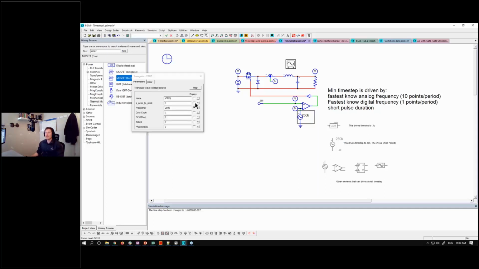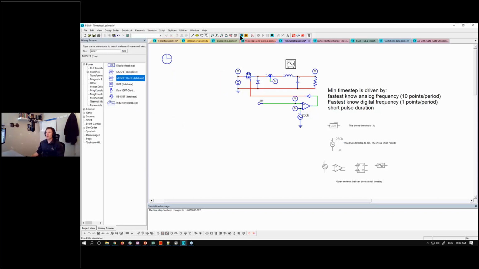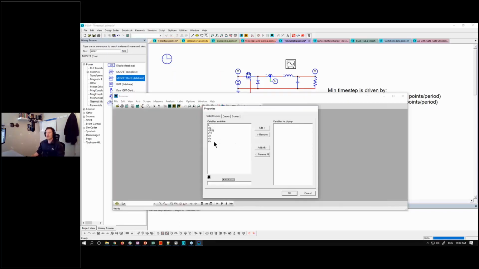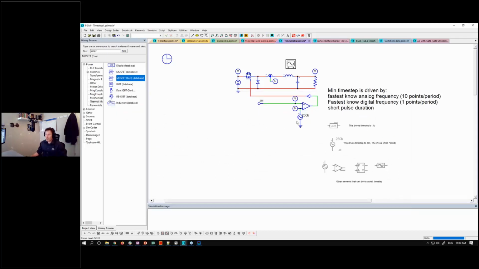In this example, I'm running with my 20 points per cycle again. If I run this simulation, we're all happy, and we've got our output voltage. Okay, if I switch this element away, that was our carrier waveform, and I grab this one.